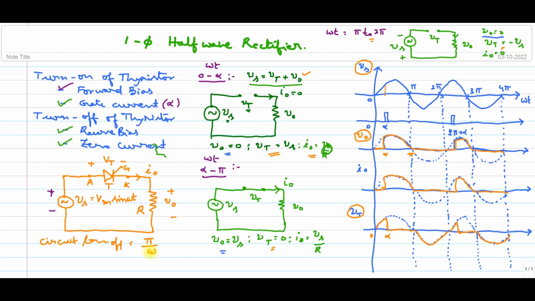This is called circuit turn off time. And I can also say that omega t is equal to pi. Omega t is equal to pi seconds. This thyristor was turned off. So what is the circuit turn off time? T will be equal to pi divided by omega seconds. Okay, this part also very important in our discussions.